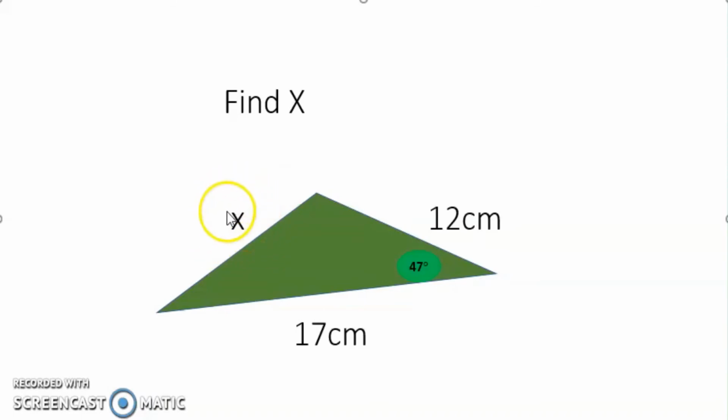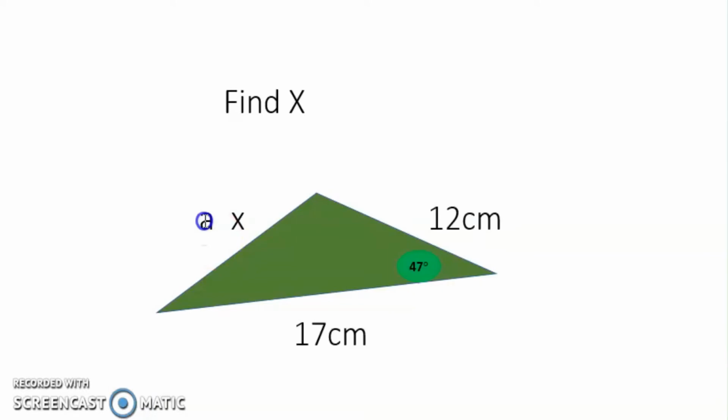I repeat, always label the side you are trying to find small letter a. I don't want to know what this side was called, whether it was called x, y, z or w. I don't want to know, but please always label the side you are trying to find small letter a.